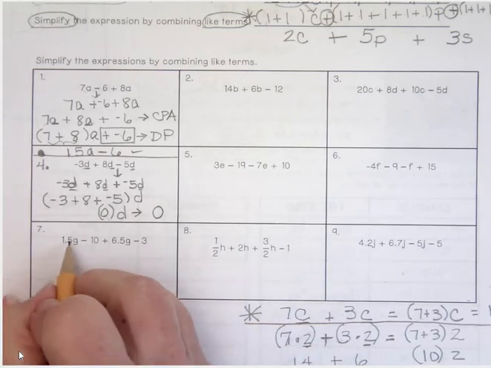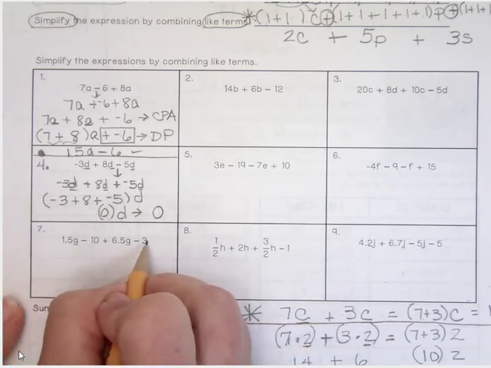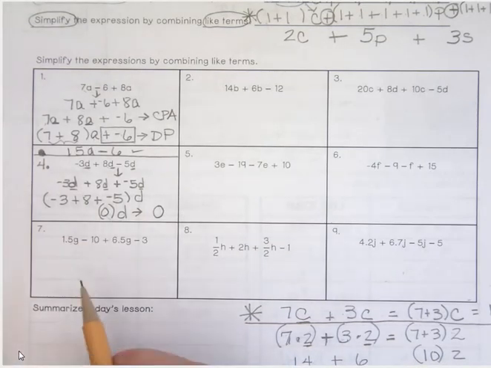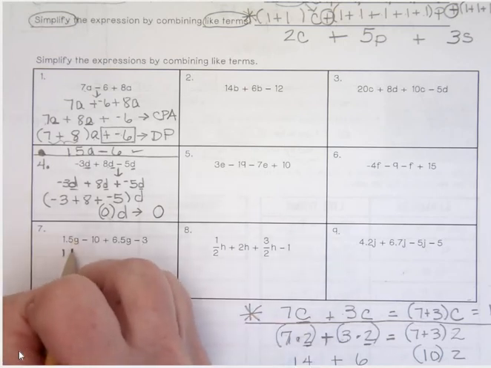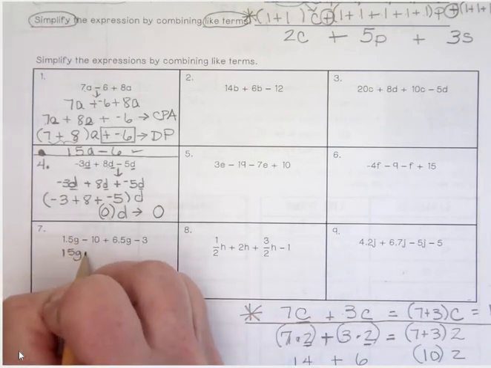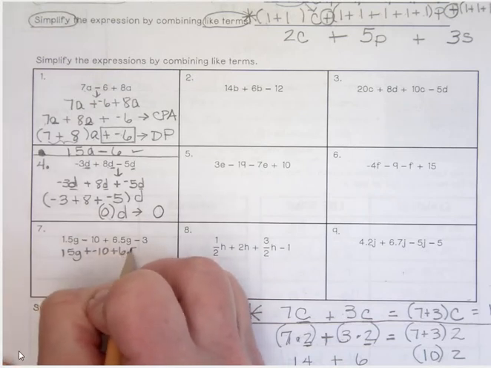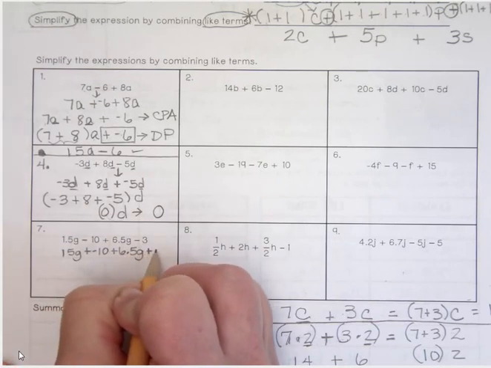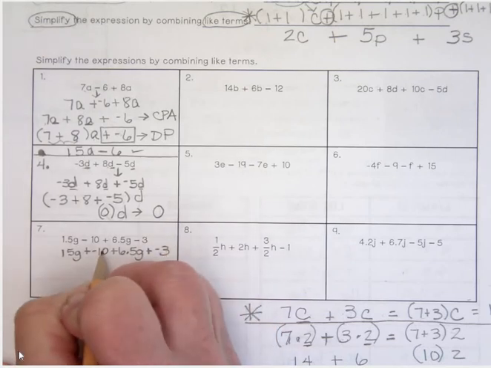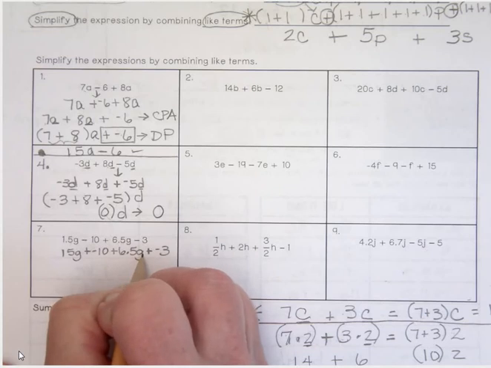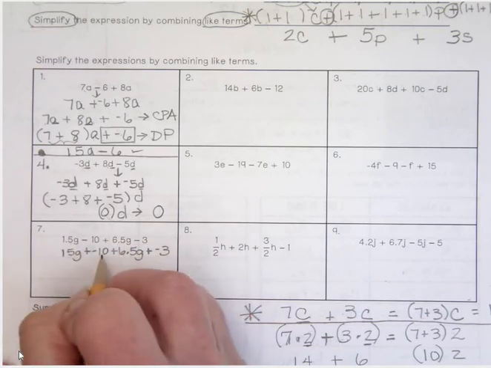Once again, I have 1, 2, 3, 4 terms. Positive, negative, positive, negative. So if you want to see that negative term, you can change that to addition of the opposite. So you can see that you have a -3 and a -10. I have 2 sets of like terms: my variable G and then my 2 constants.